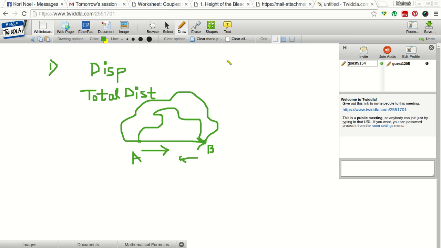So velocity is displacement over time. And how do you define speed? Speed is total distance over time. Exactly.